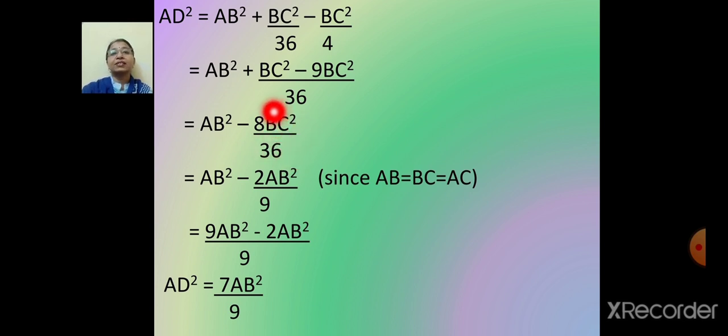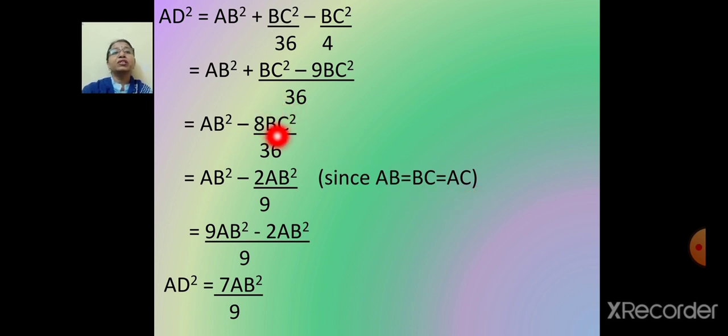Now you can cancel this. Both are divisible by 4. So 4 2s are and 4 9s are 36. So this will become AB square minus twice. Now here BC square, since that given triangle is an equilateral triangle, all sides equal.